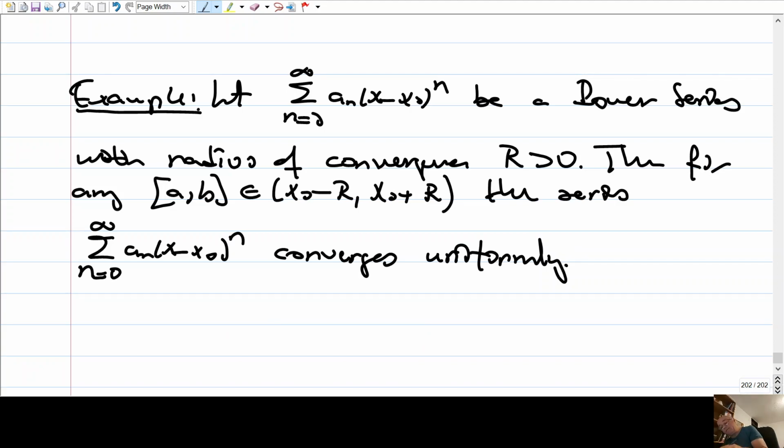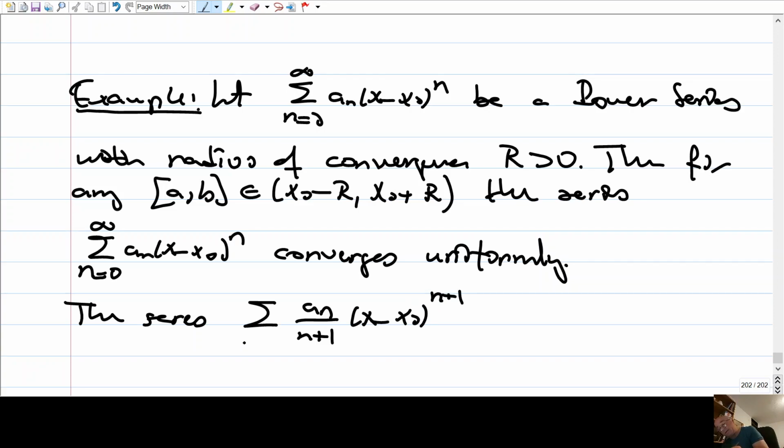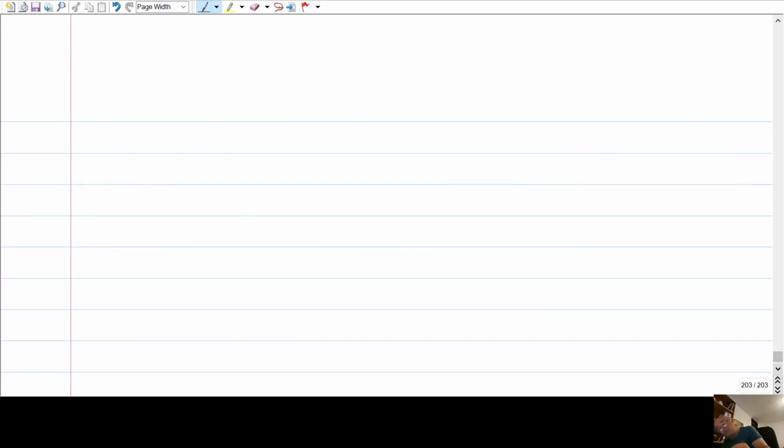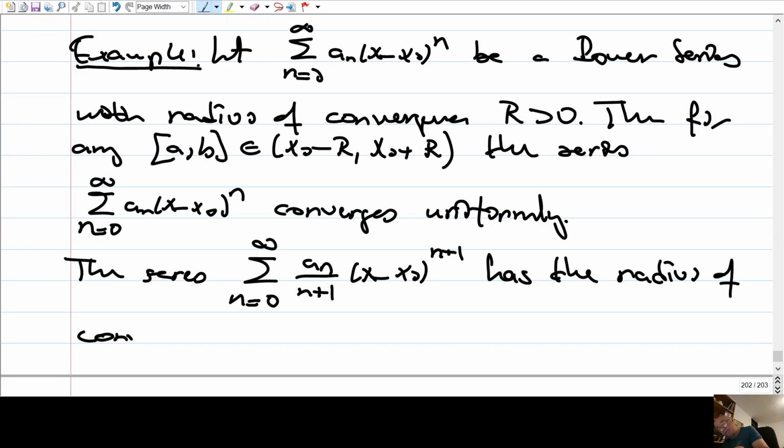I know this, but we have also the following. The series, let's say, a_n over n plus 1, okay, this one converges, has the same radius of convergence, and thus it converges uniformly.